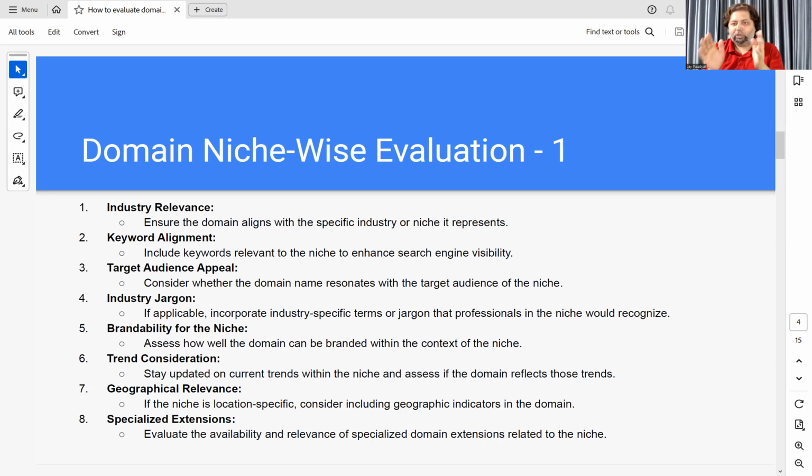Okay. So tell me, which domain has a chance of selling better than the other? Rajesh.ca. Why?